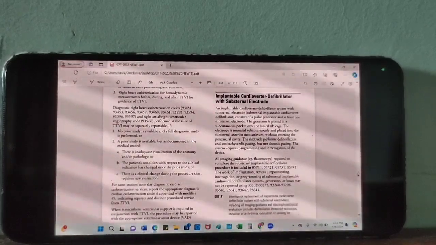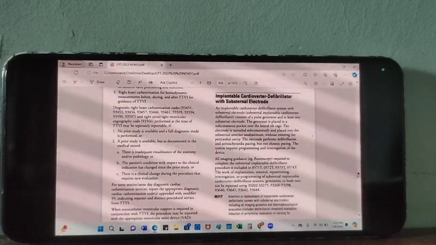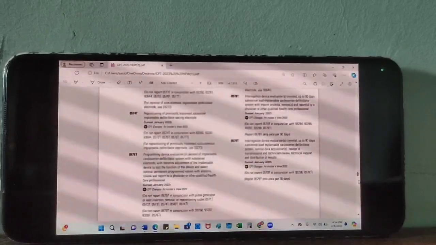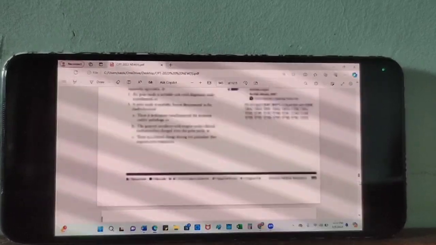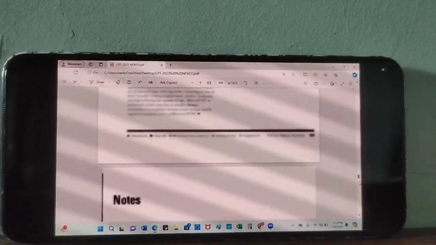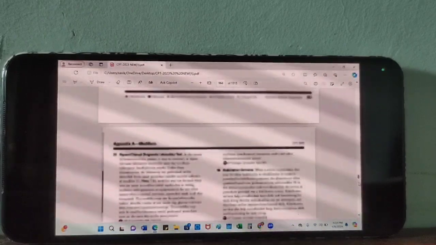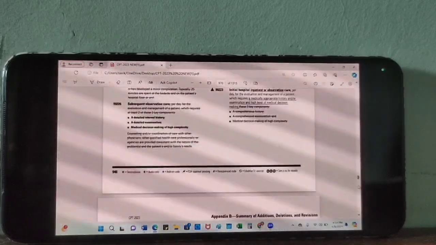Appendix C, page number 965. Actually, that is the common femoral.